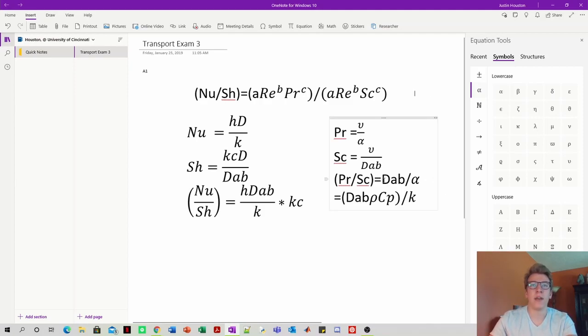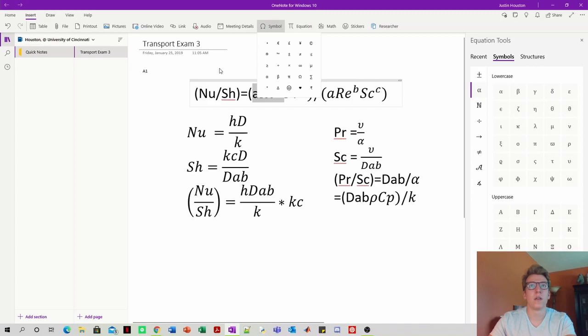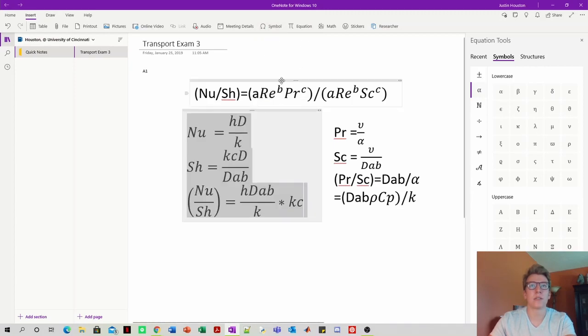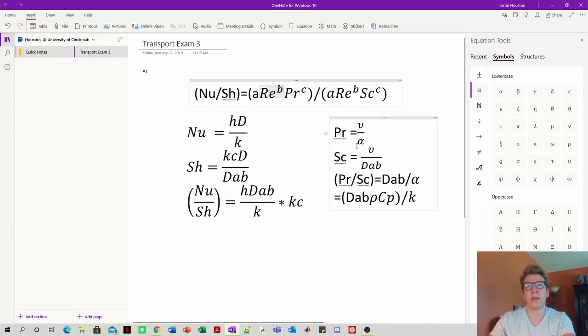So now that we have that, we also know, just by looking at these two, that the A Reynolds to the B power on the numerator and the denominator cancel out, which leaves us with that Prandtl over the Schmidt number.